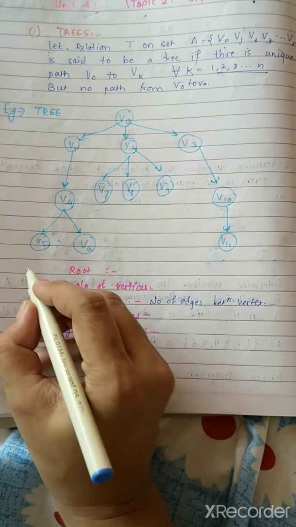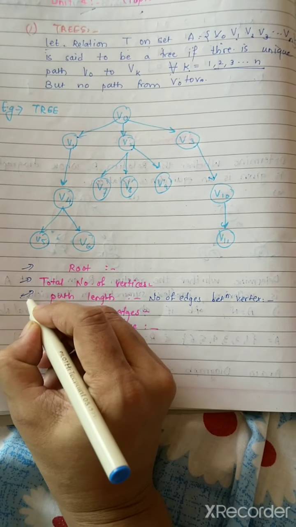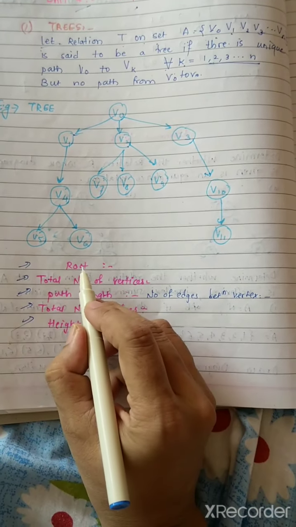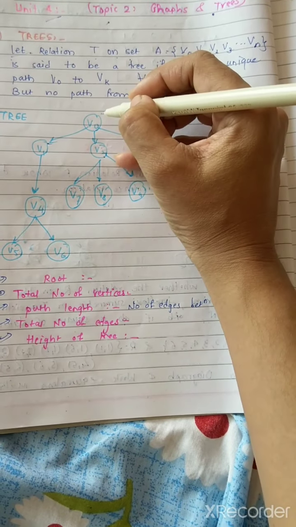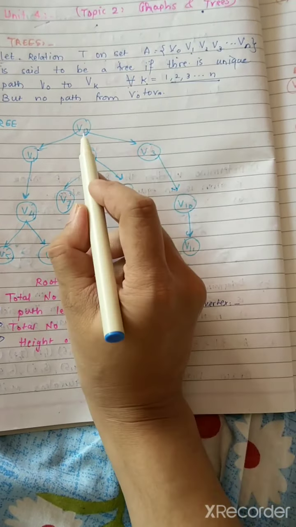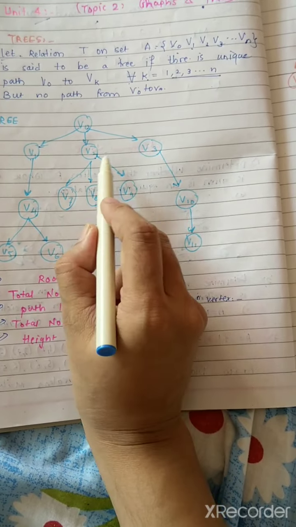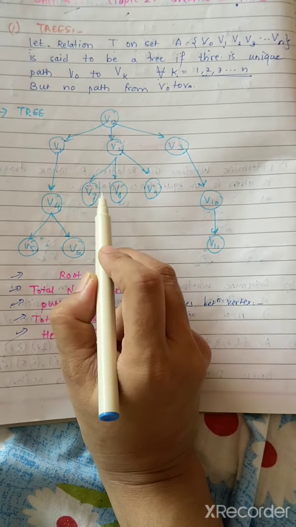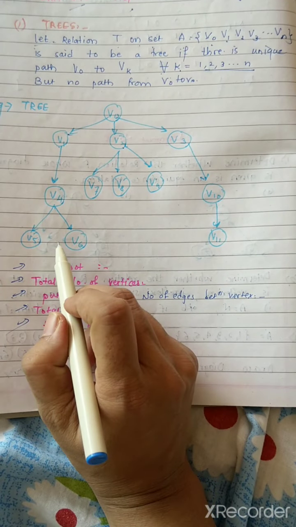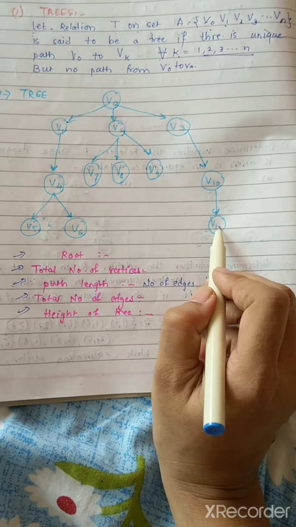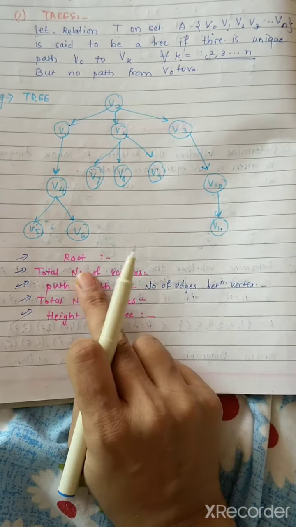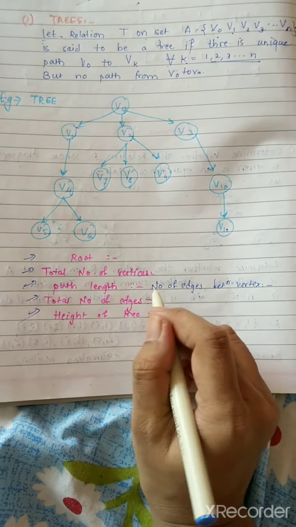So now we have some properties of a tree. First is the root. So what is the root? The initial vertex. Vertex means these nodes V0, V1, V2, V3, V4, V5, V6, V7 up to V11. So V0 to V11 we will call vertices.